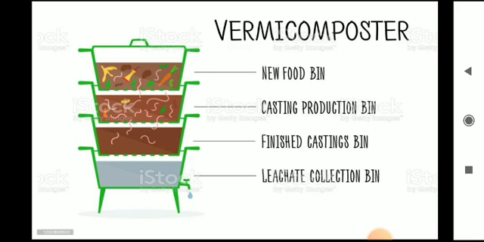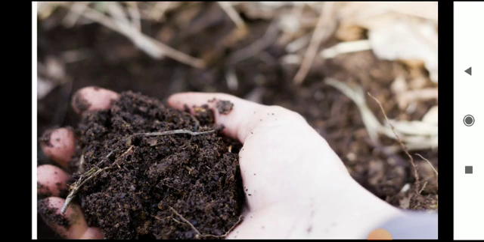And this is covered with a layer of soil and water is sprinkled on it. And after some time, what will happen? Compost is formed. As you can see in this picture, at the last we will get compost. But in making vermicompost, we must add earthworms to our biodegradable waste materials.